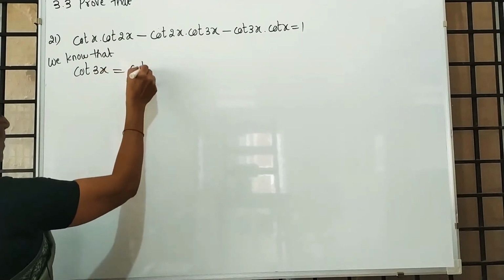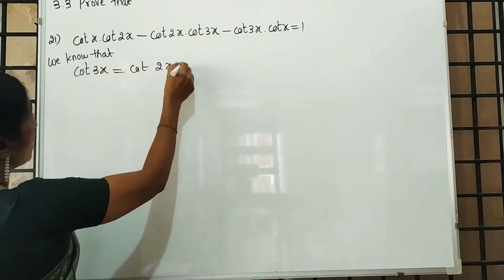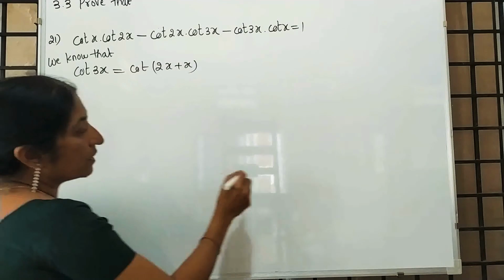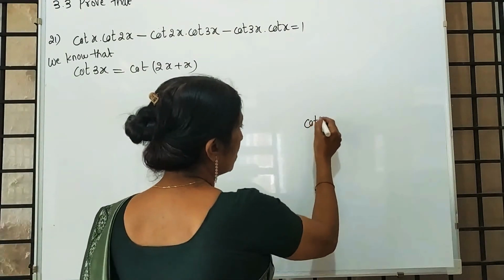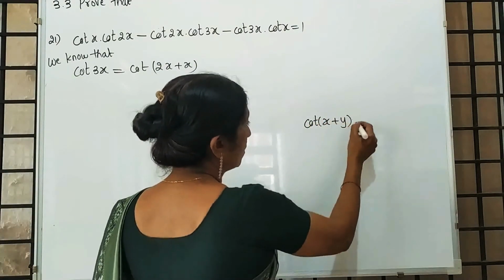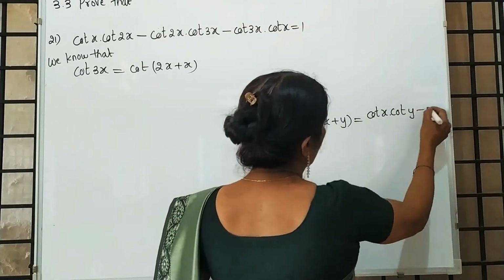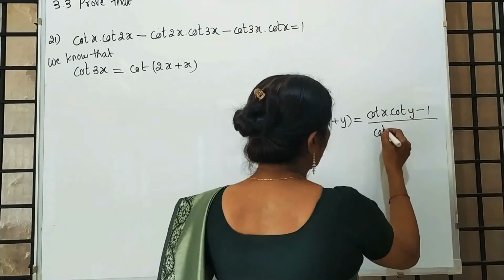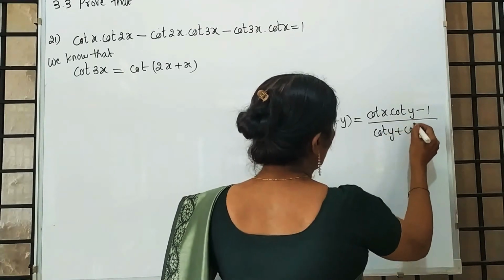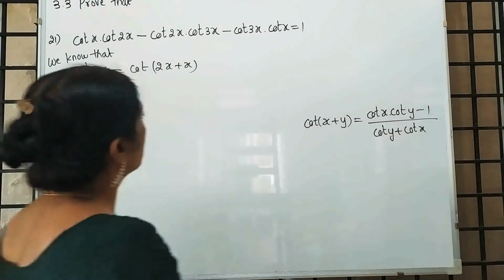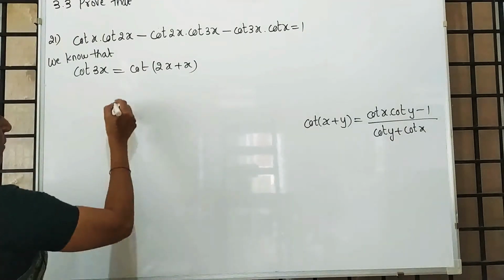Cot 3x will be written as 2x plus x. It is in the form of cot x plus y, that is cot x into cot y minus 1 divided by cot y plus cot x. So apply that formula.